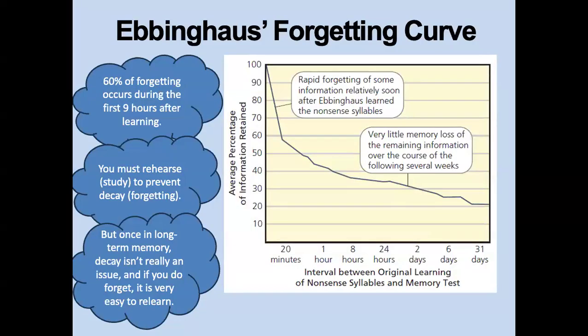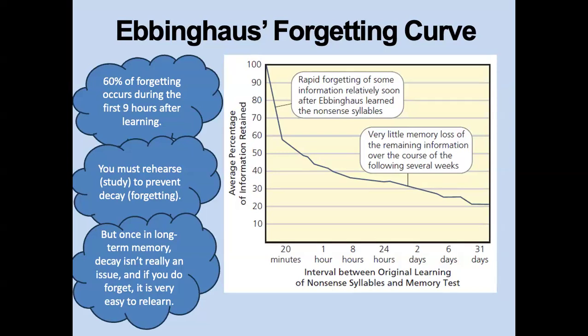Okay, so the forgetting curve. This is really, really important for students, okay? 60% of forgetting occurs during the first 9 hours after you learn. So that's 60%. Oh my God, way more than half, right? You have to study to prevent decay, which is just another word for forgetting.